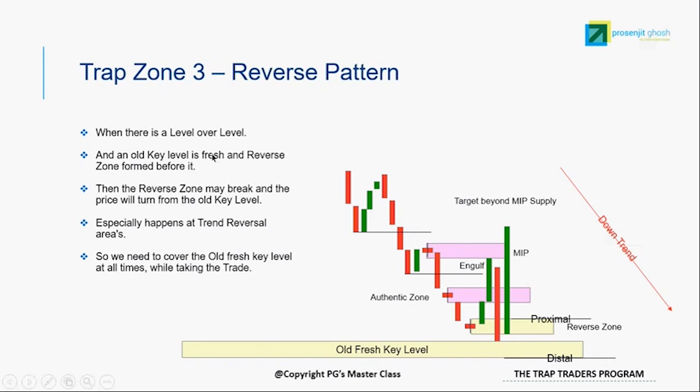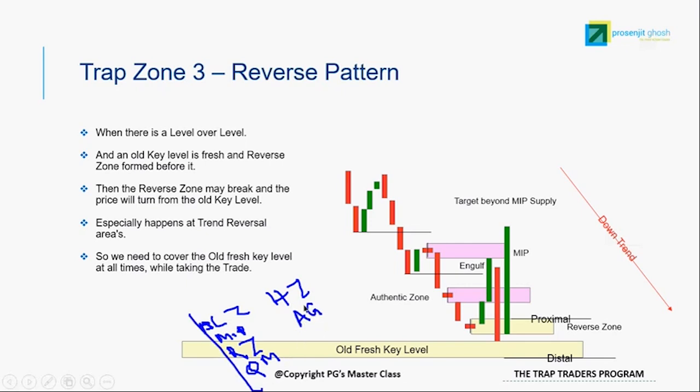Our key levels are trap zones, okay? This key level can be a break limit zone, it can be MIP, it can be reverse zone, it can be QM, it can be hidden zone, it can be advanced gap.